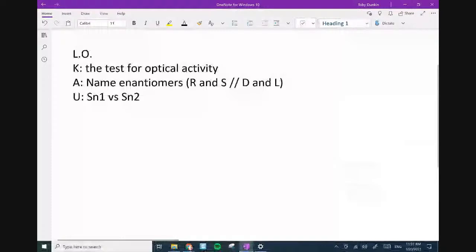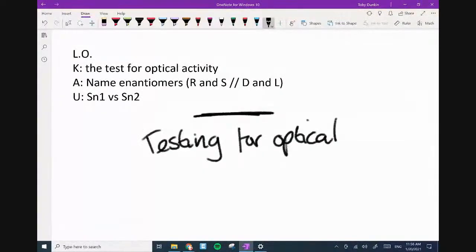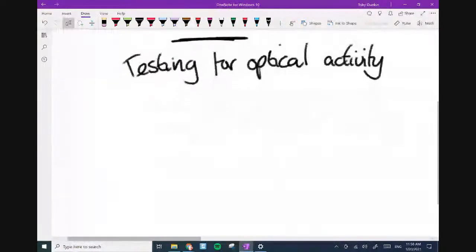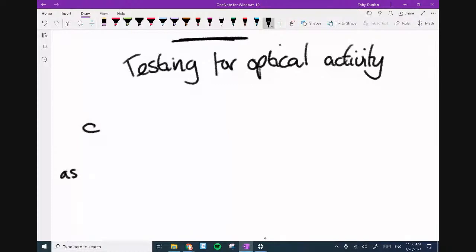Testing for optical activity. Let's draw a molecule. Let's go carbon. I want it to be asymmetrical. Asymmetrical. Is it spelled with a double M?